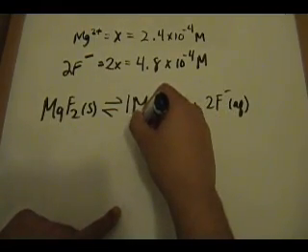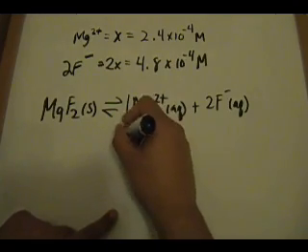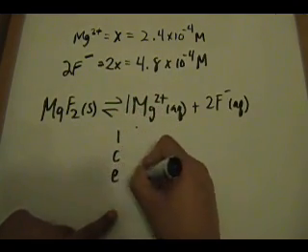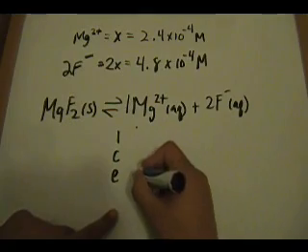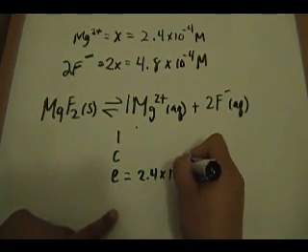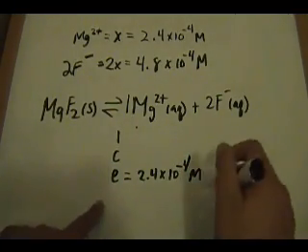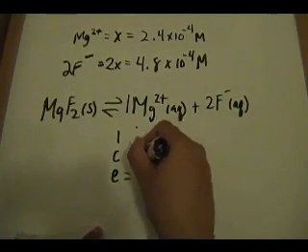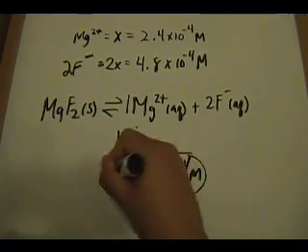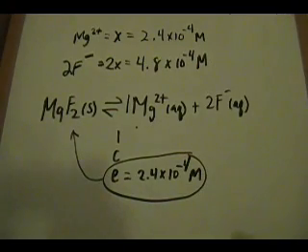So we figured out that at equilibrium the concentration of magnesium was equal to 2.4 times 10 to the negative 4 molar, right? So now this value is also the molar solubility of magnesium fluoride. And what is that saying?